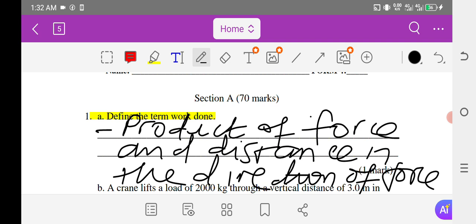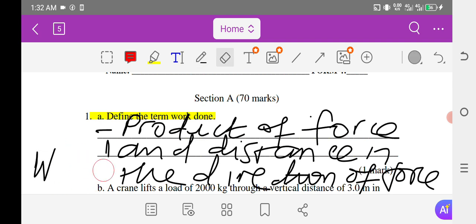Define work done. So when the examiner says define work, it means you should put it in words. I've seen some candidates who simply write the equation for work done as W equals to F times d. No, you lose marks if you simply write the equation for finding work done. You have to put it in a sentence form.